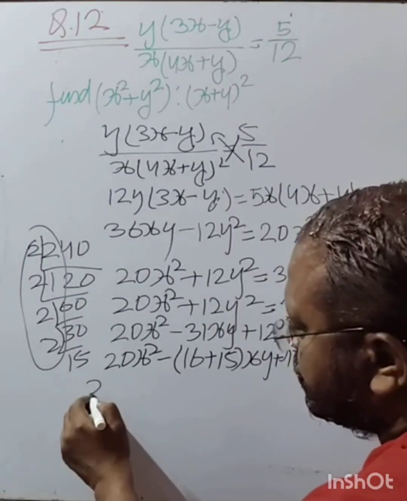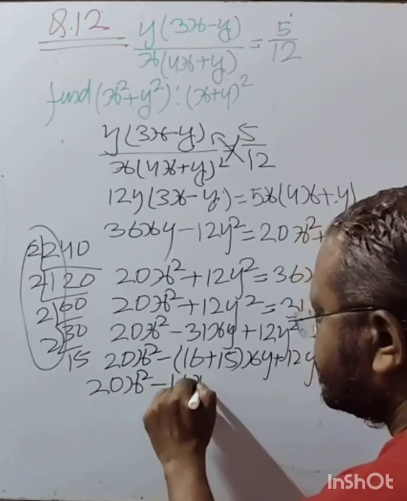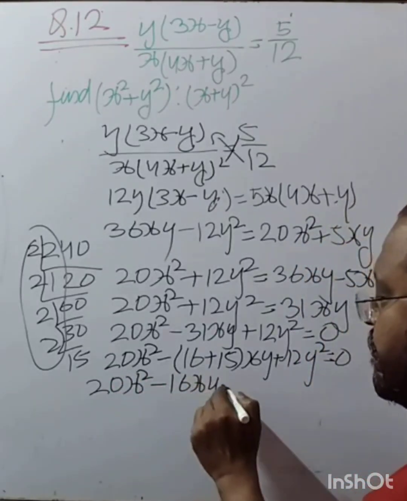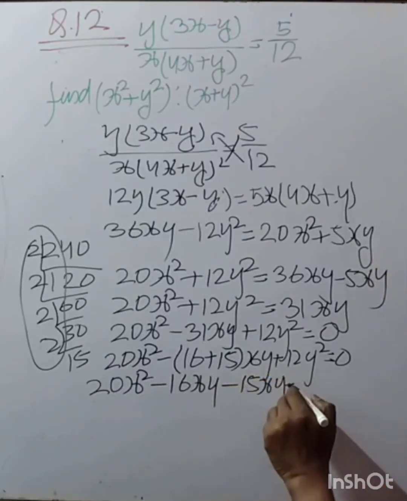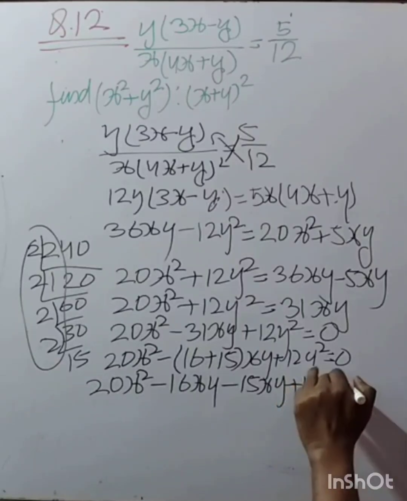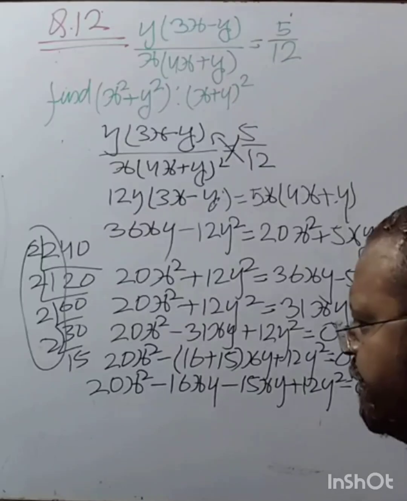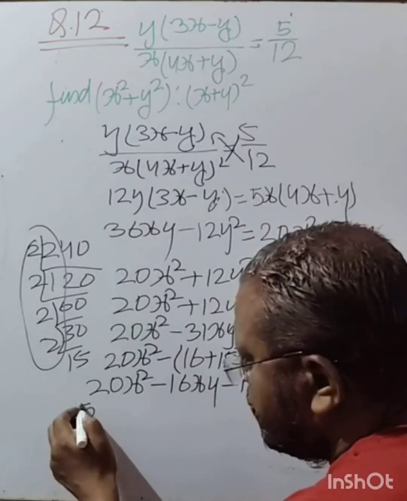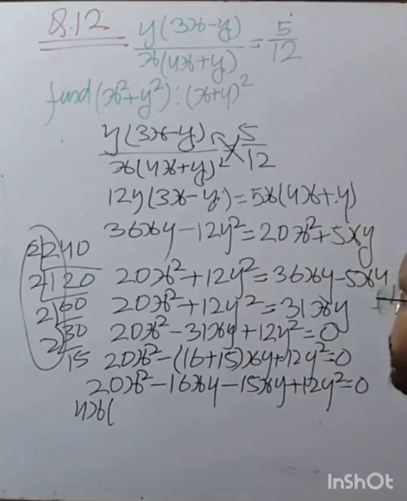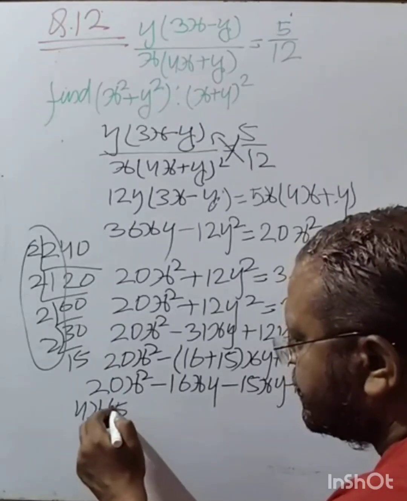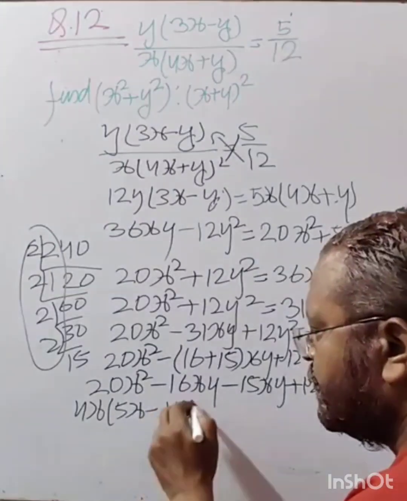So 20x square minus 16xy minus 15xy plus 12y square is equal to 0. If you take 4x from here, you get how much? 5x minus 4y. Is it so?